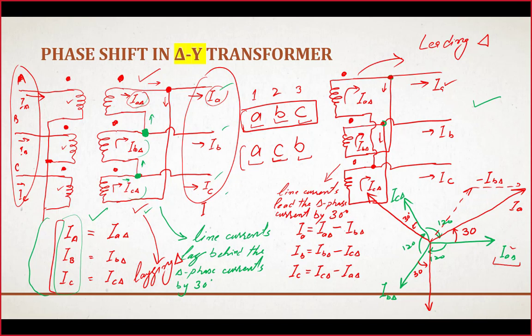It all depends upon the delta connection. If delta is connected in leading delta, then line current on the delta side will lead. If delta is connected in lagging delta formation, delta side line currents will lag behind the Y side currents. So it all depends upon the delta. Now this is important to remember: how will you decide?